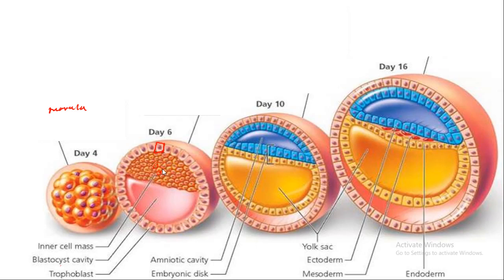And this inner cell mass, when you talk of week 2, will simply divide into the epiblast and the hypoblast. When we talk of the outer cell mass, it is the one which plays a role in the entrance or penetration of the functional endothelial layer of the uterus.